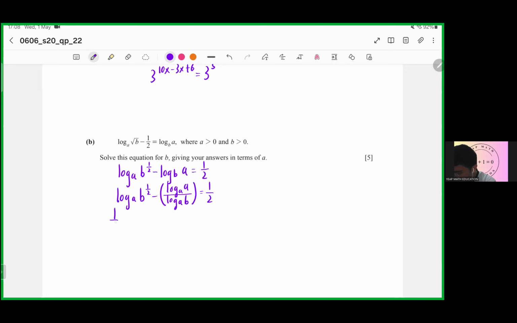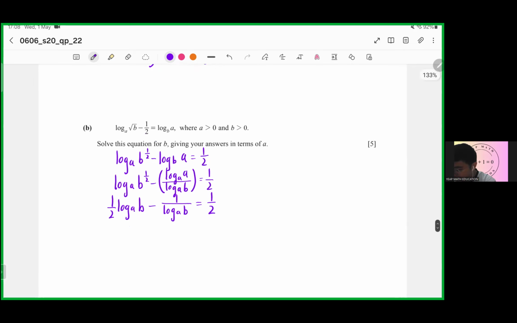Here I got 1 over 2 log_a b minus 1 over log_a b equals 1 over 2. Now I need to multiply. I got (log_a b) squared minus 1 equals log_a b.